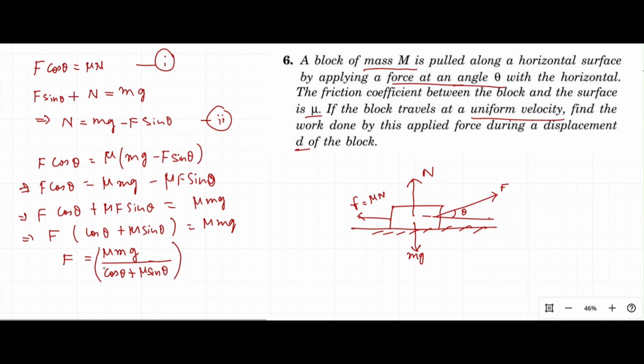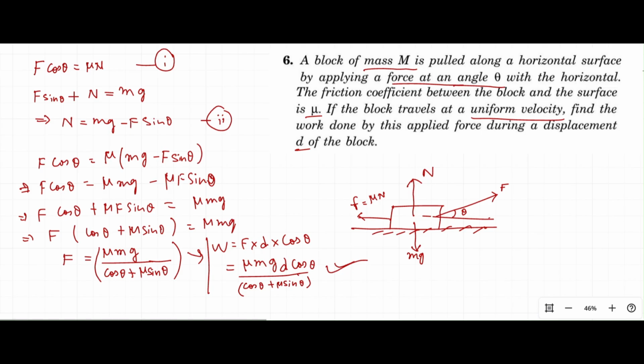So if we need to find the work done by this force, work done is equal to F into D into cos theta, which is equivalent to mu mg by (cos theta plus mu sin theta) into D into cos theta, and this is the answer.